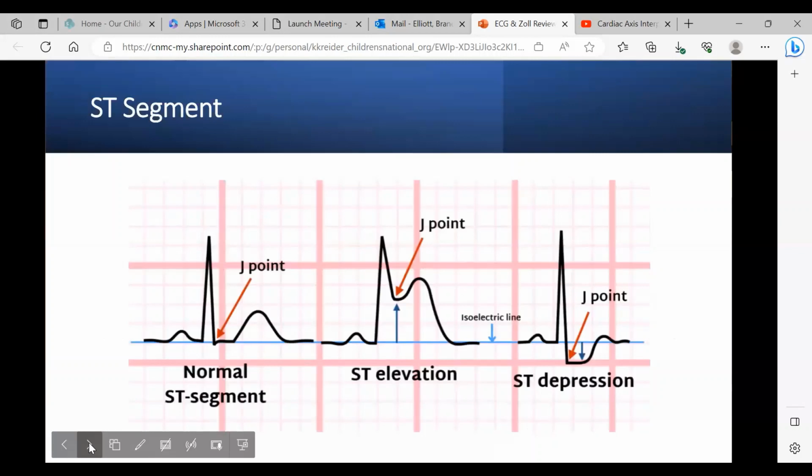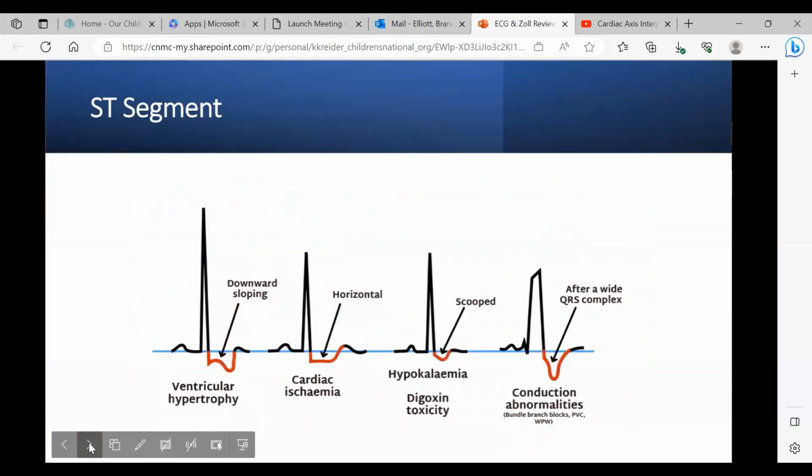So just things that we're looking at as the goal in the 12-lead mode is looking at the ST segments for the elevation numbers that we're looking for, and also depression, and then the other different ST segments that we may see, maybe previous cardiac ischemia, cardiac abnormality, stuff like that.